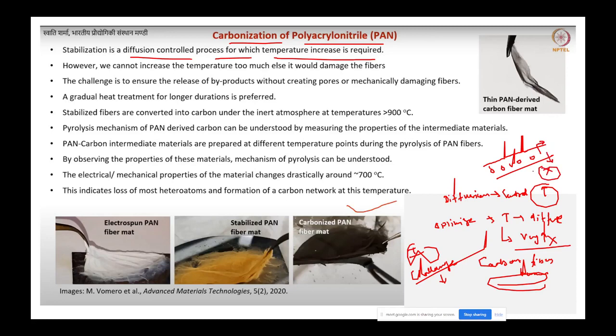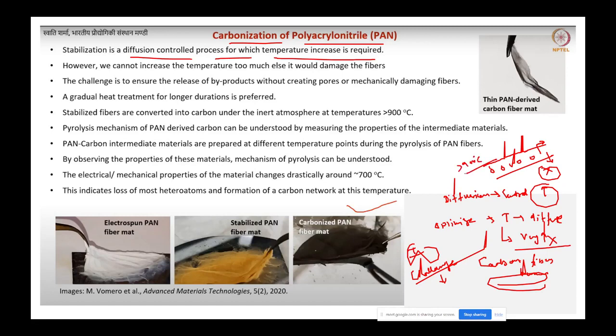A gradual heat treatment for a longer duration is preferred, and stabilized fibers are converted into carbon under an inert atmosphere at a temperature of more than 900 degrees centigrade. So this is the temperature where the stabilized fibers are converted into carbon.